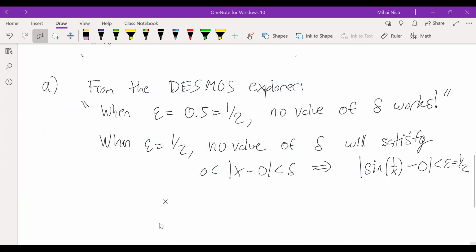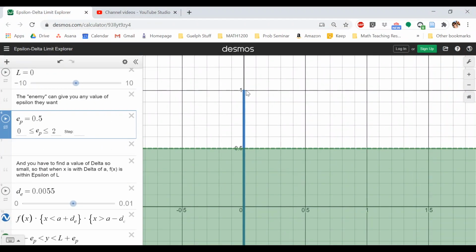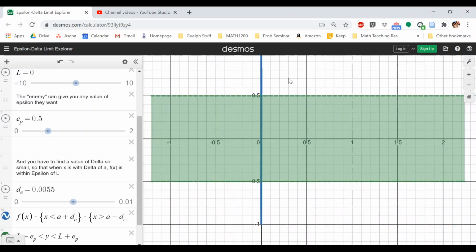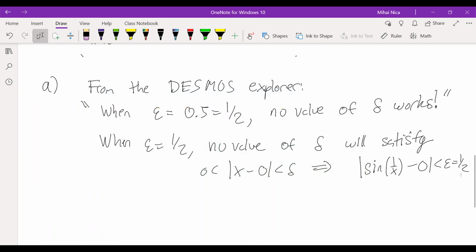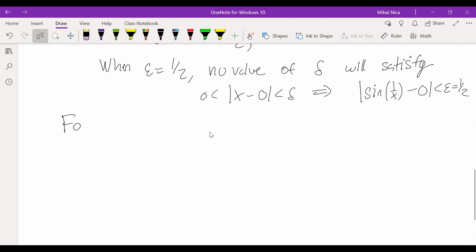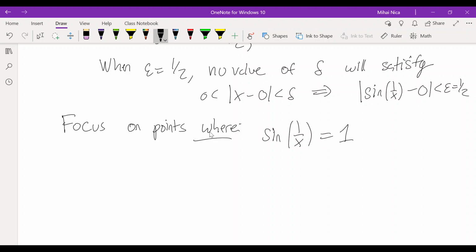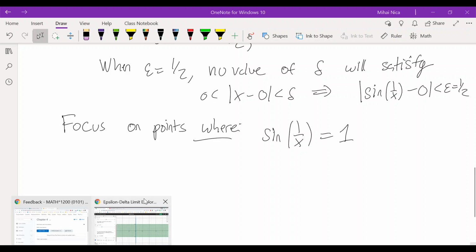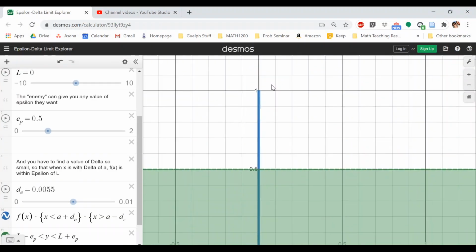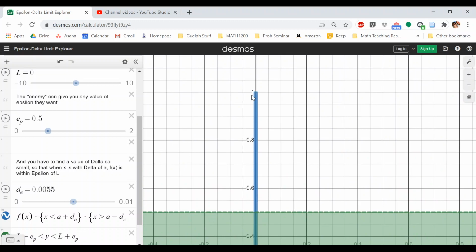And I'm going to focus on these points where the value of the function is 1. So to prove this, to convert this into math, I'm going to focus on the points where sine of 1 over x equals 1. So those are the x values where the value of the function is exactly equal to 1. And you can see there's infinitely many of them.